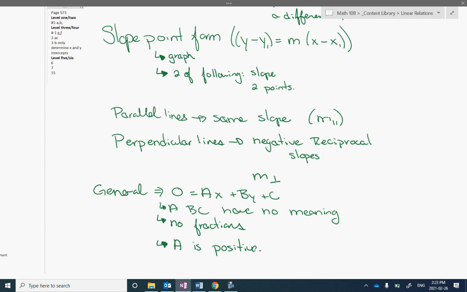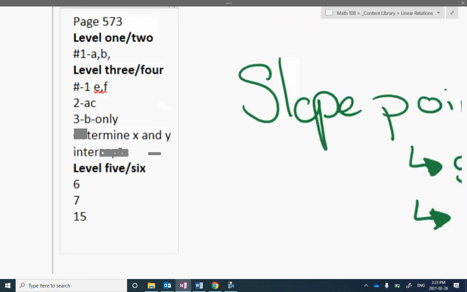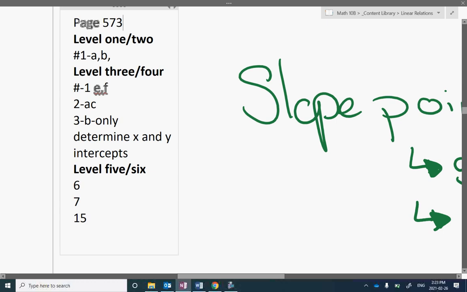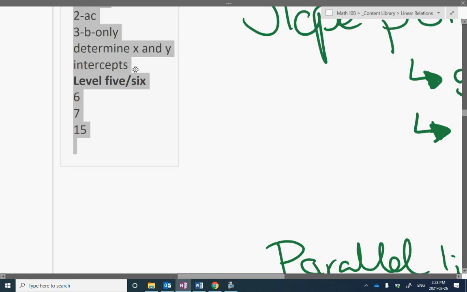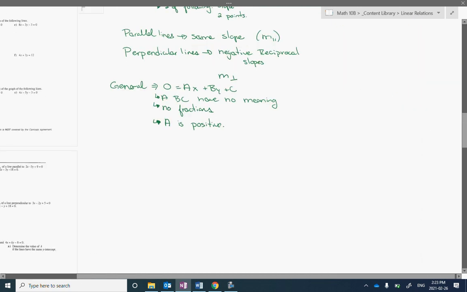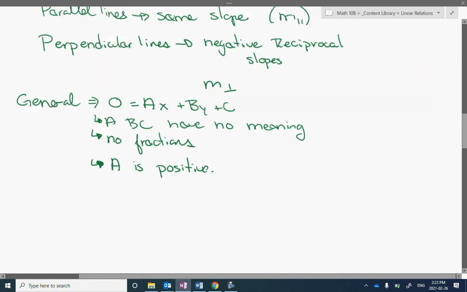Okay, so are you guys done with the notes? Can I zoom in? Here, let me do it like this. I'm making it easier for you guys. Just chill.